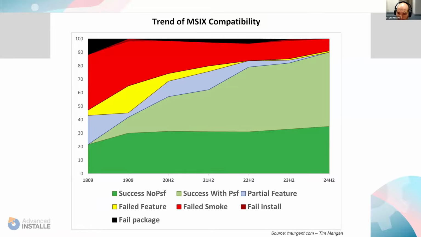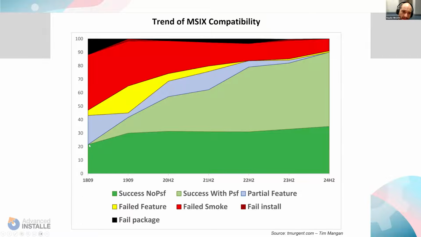The not so pleasant part is that by design, by default, many packages require some sort of PSF fixups. And with a free tool from Microsoft, the percentage of package compatibility hasn't increased. So you can see here a small increase in the first year.